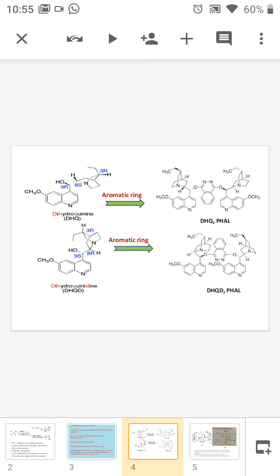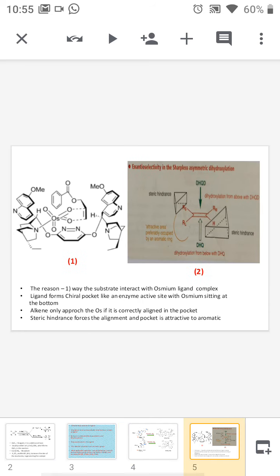Now if this chiral reagent is combined with osmium tetroxide, we will get this type of complex structure. I have shown it in figure 1. See figure 1. This is the entire complex structure of the osmium tetroxide chiral catalyst. And structure 2 is the schematic representation.